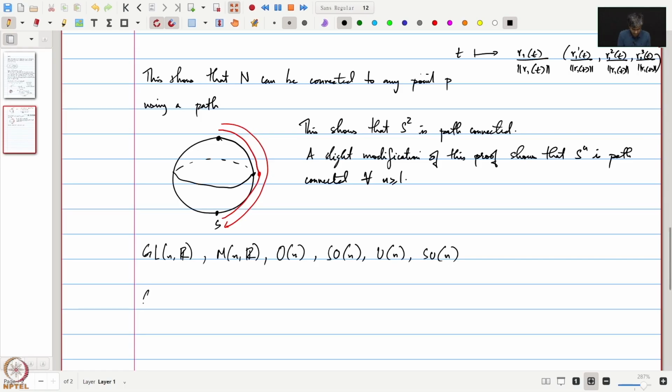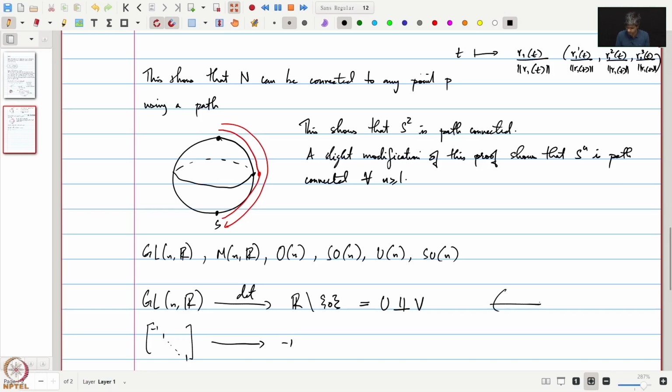GL n(R) is not even connected, because we have this determinant map from GL n(R) to R minus 0, which is surjective, because we can just take a matrix with determinant minus 1, and of course the determinant of the identity is plus 1. Therefore R minus 0, which is disconnected, we can write as U disjoint union V, where U and V are the two half open intervals, and this is the point 0 which you're missing out.